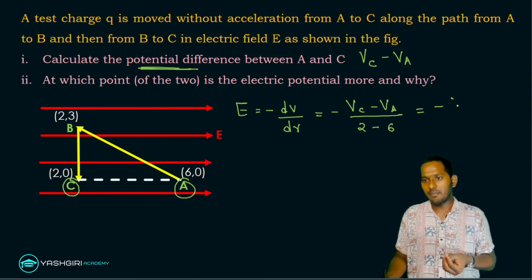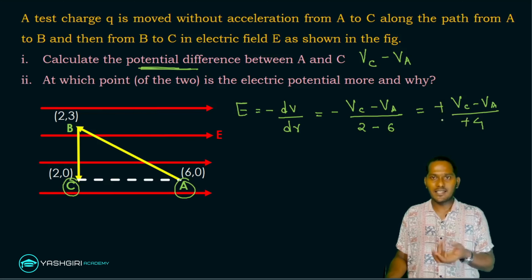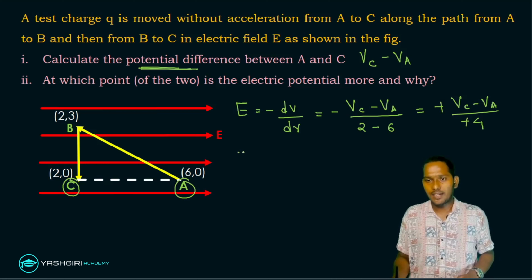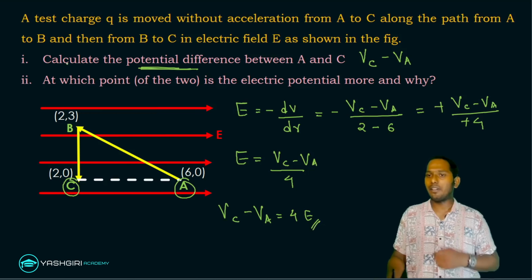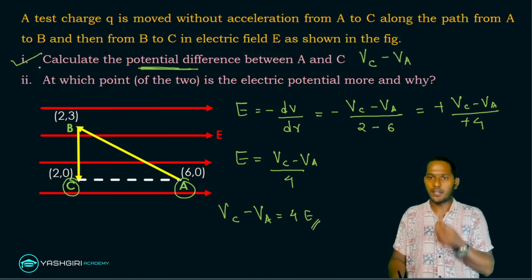So I get E equals minus VC minus VA over 2 minus 6, that will give me a minus 4. Minus minus gets cancelled, that will become positive. And here I'll be getting electric field to be VC minus VA by 4. I can just rearrange it once again. The potential at C minus potential at A will be 4 times E. So this is my answer for the first part.